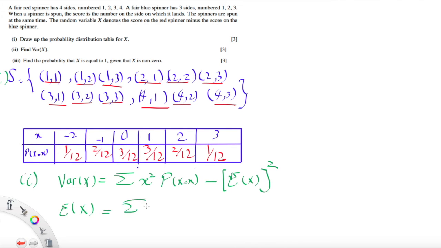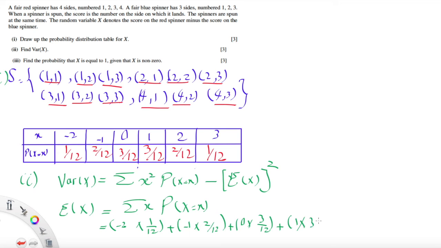E of x is equal to sigma x p of x, which is minus 2 times 1 over 12 plus minus 1 times 2 over 12 plus 0 times 3 over 12 plus 1 times again 3 over 12 plus 2 times 2 over 12 and 3 times 1 over 12, which will be equal to 1 over 2.